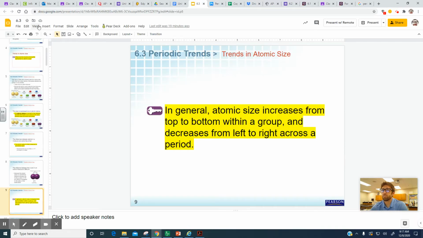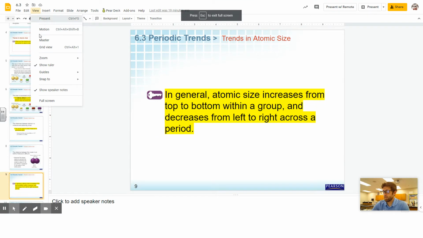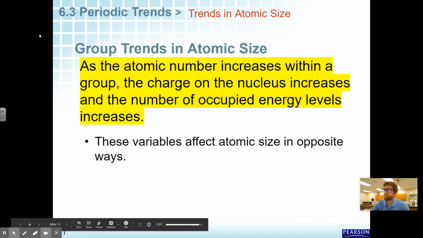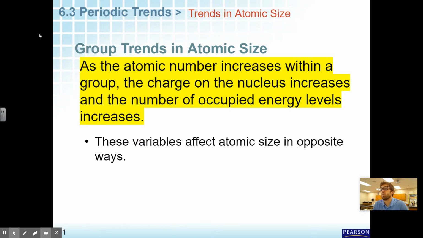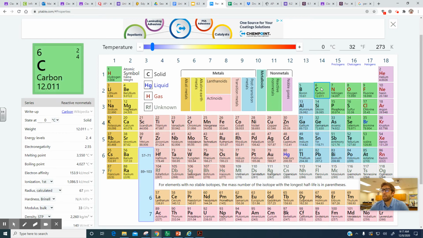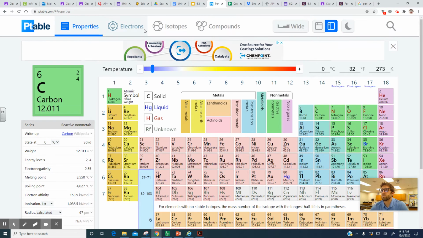Let's go back to this. So let's talk about why here. We're talking about top to bottom here because this is in terms of group. As the atomic number increases within a group, the charge on the nucleus increases and the number of occupied energy levels increases. You have seen that when we've talked about, for instance, carbon.